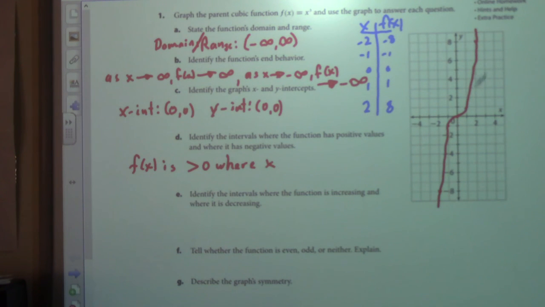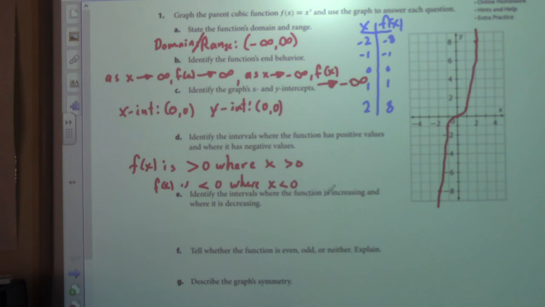Not 0, greater than 0. It's really almost related to what our end behavior is. And for negative values, f of x is less than 0 where x is less than 0.